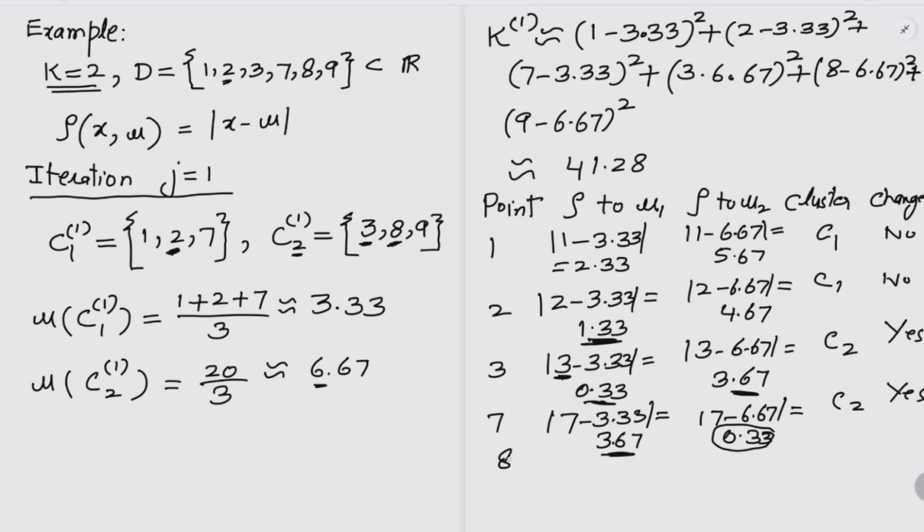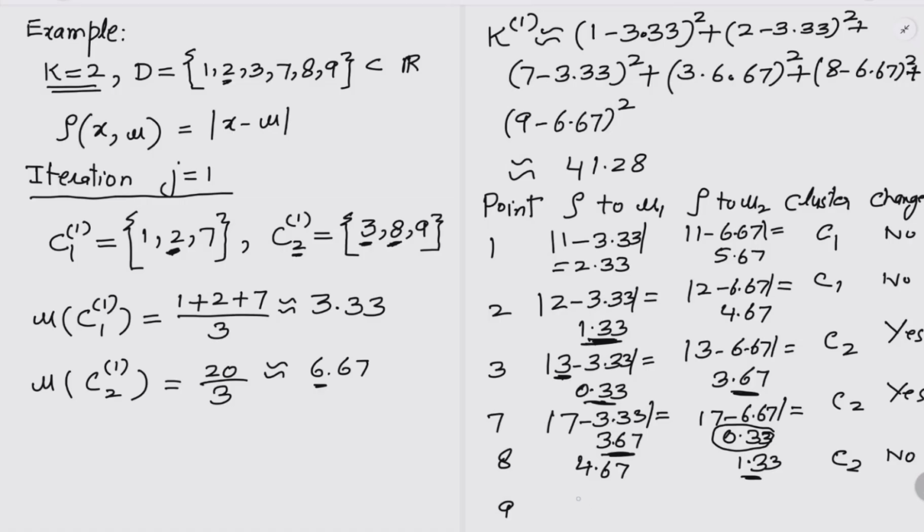So we continue with 8 and 9. The distances are 4.67 and then 1.33. So this value is less, and 8 belongs to cluster number 2, which is correct. Is there any change? No, there is no change.